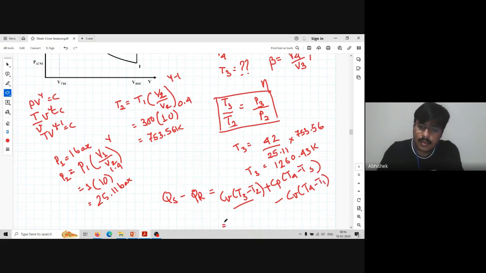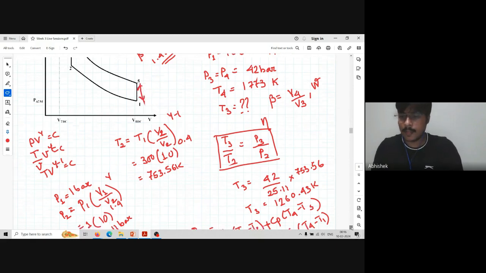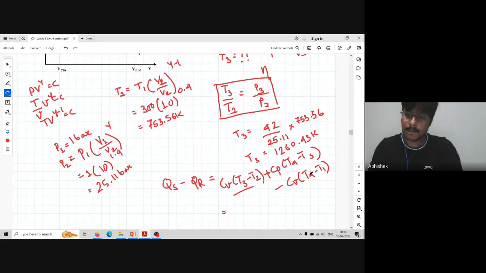Only thing that we don't have now is T5. This is the process where heat is rejected. So it is T5 minus T1. How to calculate T5? You tell me.